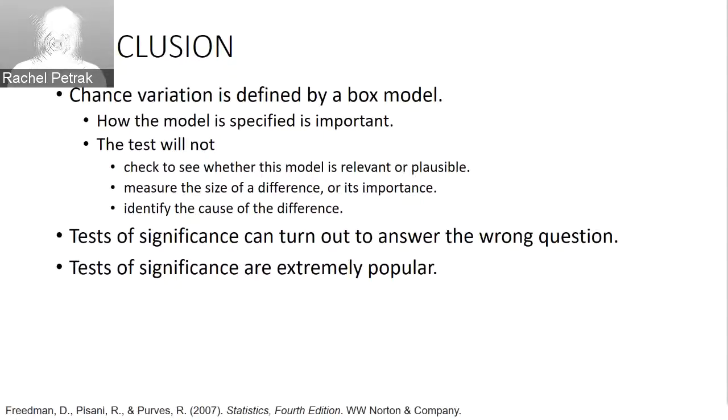But another reason is that lots of investigators just can't be bothered to set up their chance models, or maybe they don't understand. If you don't set up the chance model appropriately, then you can't test your design either.